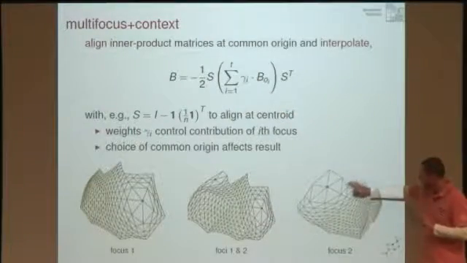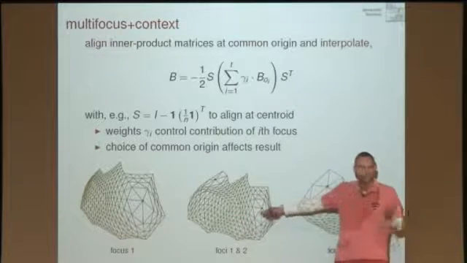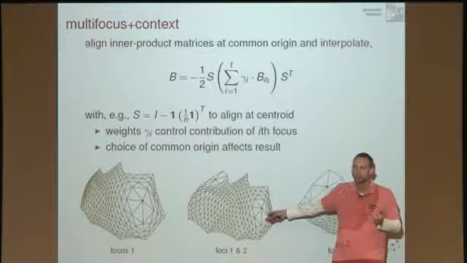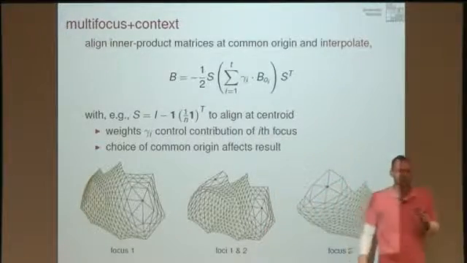Then we have to pick a common origin or a common focus for all of them, which will affect the results. But what you can see is that one focus here, one focus there, and if we combine them, then we get these two enlarged areas as well. Right? But here it is a matter of where we choose the common origin, what the actual results will be, because of that translation variance of the inner products.